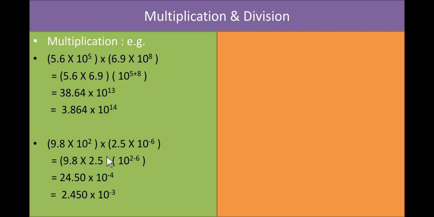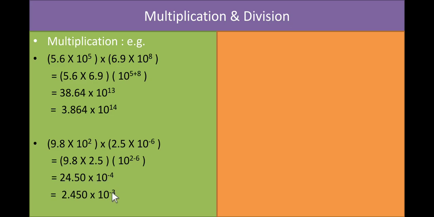Now we add 2 plus minus 6, that is 2 minus 6. 9.8 into 2.5 equals 24.50 and 10 to the power 2 minus 6 is minus 4.